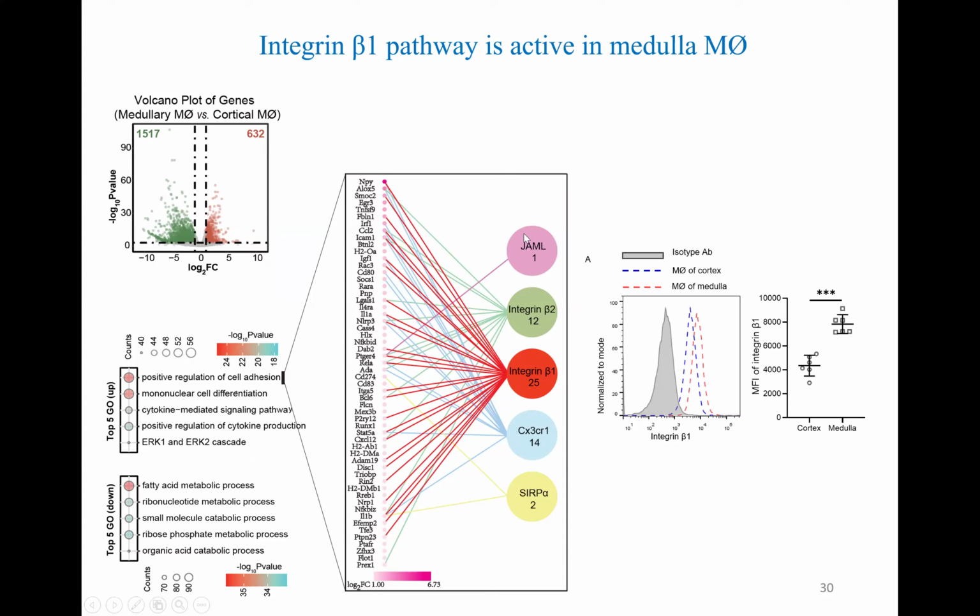The interactions between immune cells and epithelium mostly occur during barrier inflammation, and these molecules have been reported to mediate interactions in other organs in inflammation. We found that among the 56 differentially expressed genes related to the top term, half are relevant to integrin beta-1 in the literature. Indeed, the medullary macrophages expressed relatively higher beta-1 than the cortex macrophages.